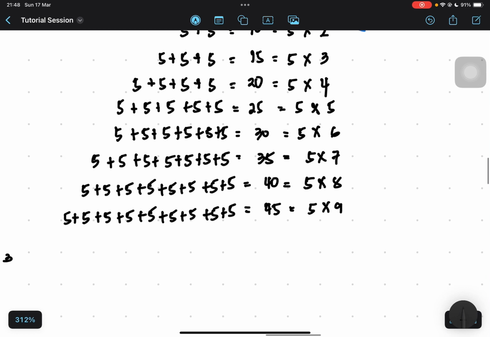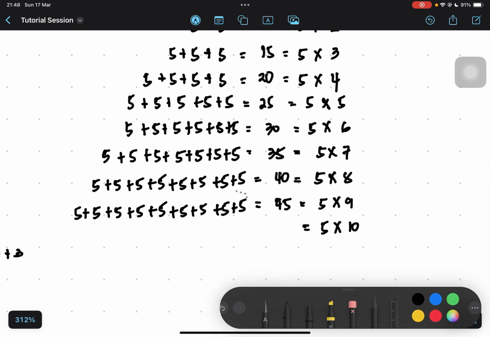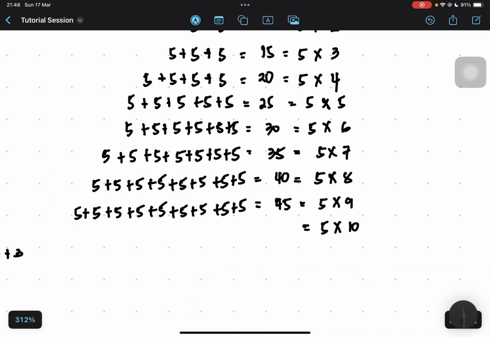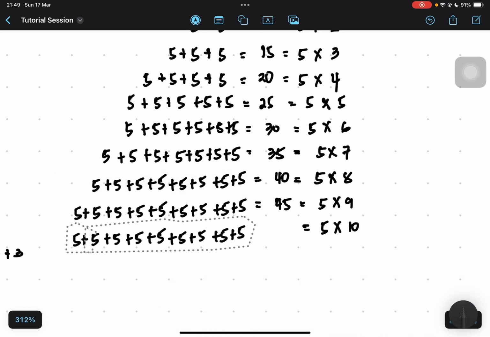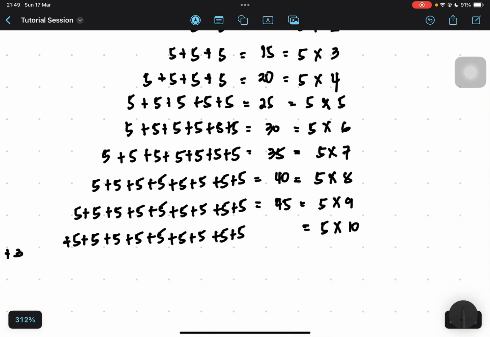That is 45. And 5 times 10, that is, we add another 5 to this part of the expression to make it 10 fives.